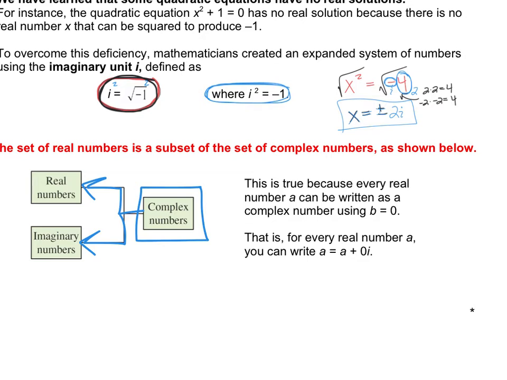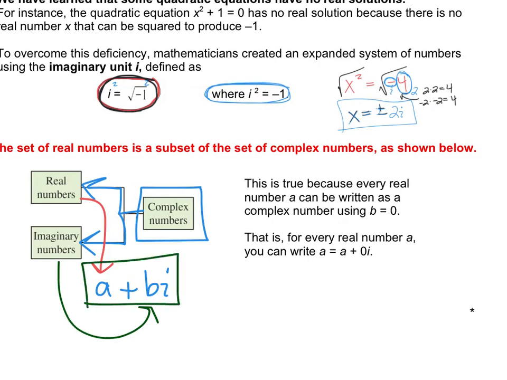It can be written a + bi. A lot of times that's how it's written. The a represents the real number, the number that's not imaginary. And then the bi, because it has that i with it, is your imaginary unit. So it's like a combination of the two.